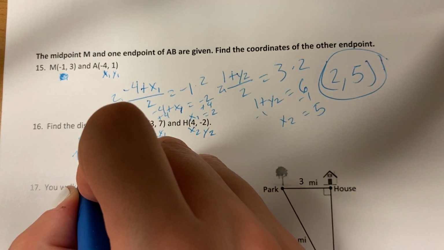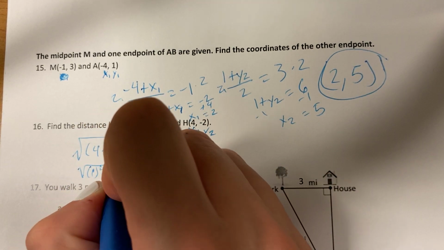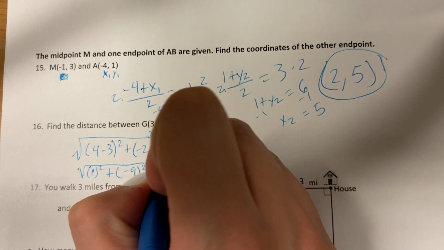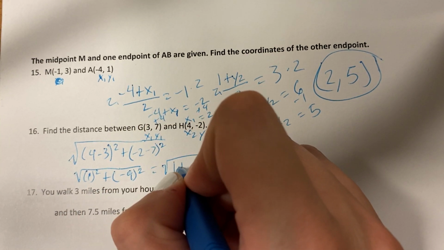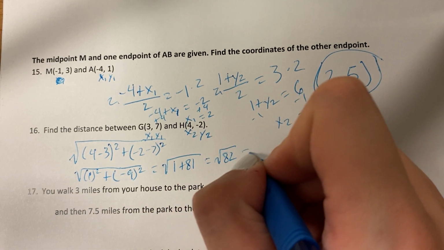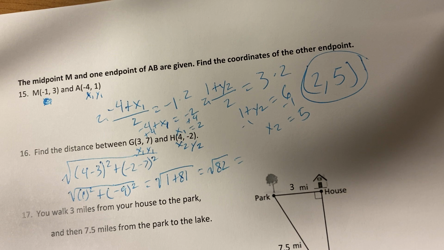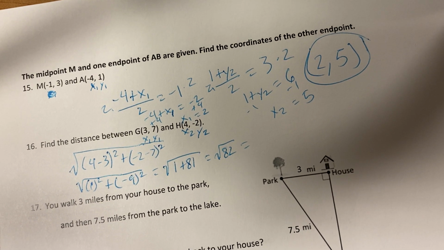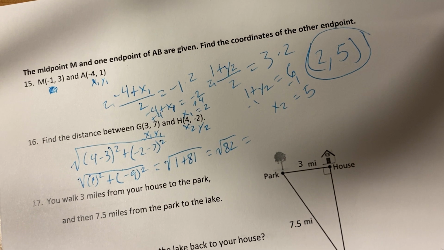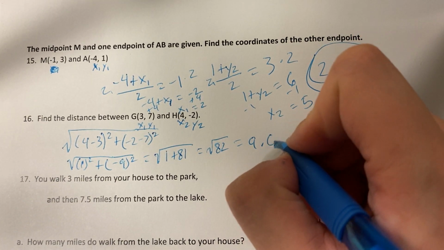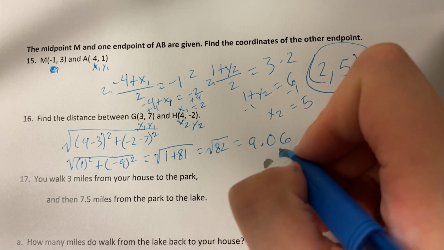And then we get 1 squared plus -9 squared. We get 1 plus 81, square root of 82. So the square root of 82 is 9.06.